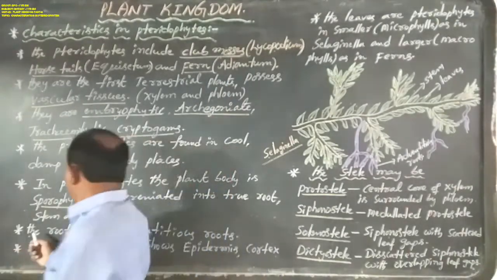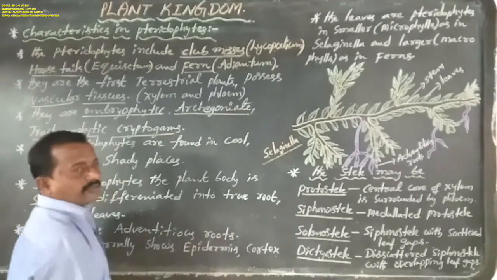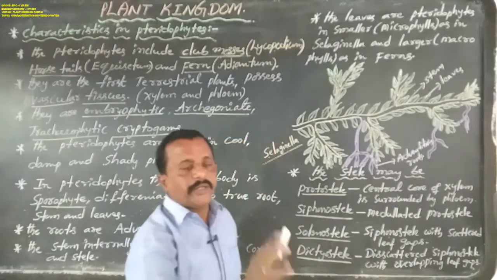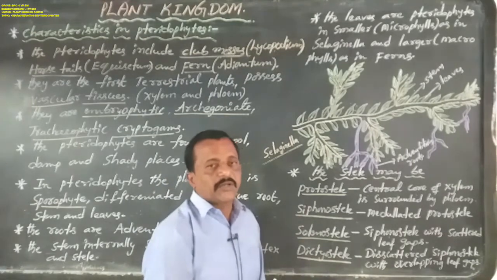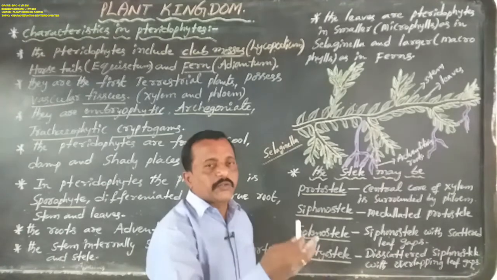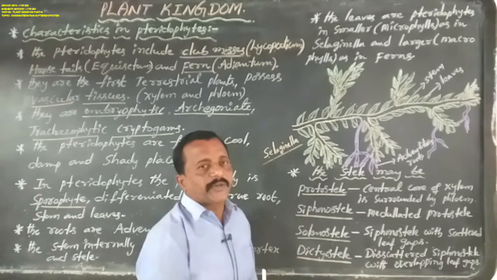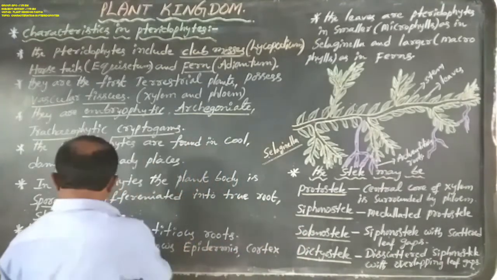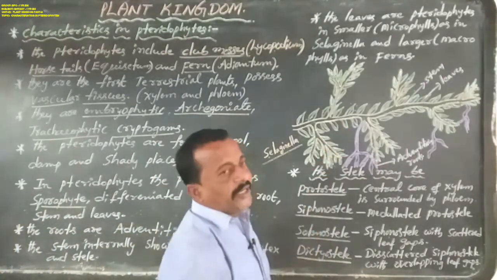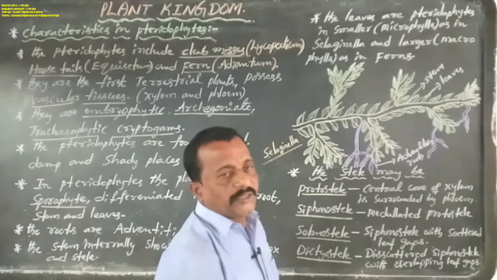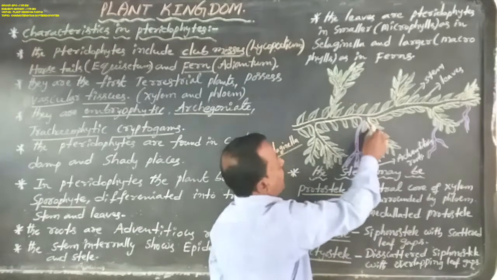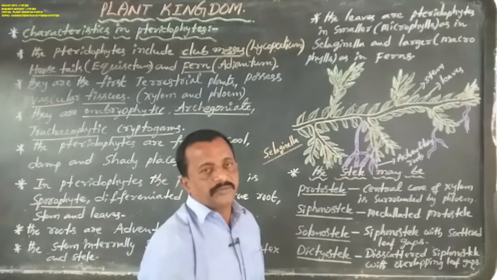The roots are adventitious roots. These adventitious roots help in anchoring the plant in the soil, providing support, and absorbing water and mineral nutrients from the soil. The stem is generally green in color, prostrate, elongated, and branched.